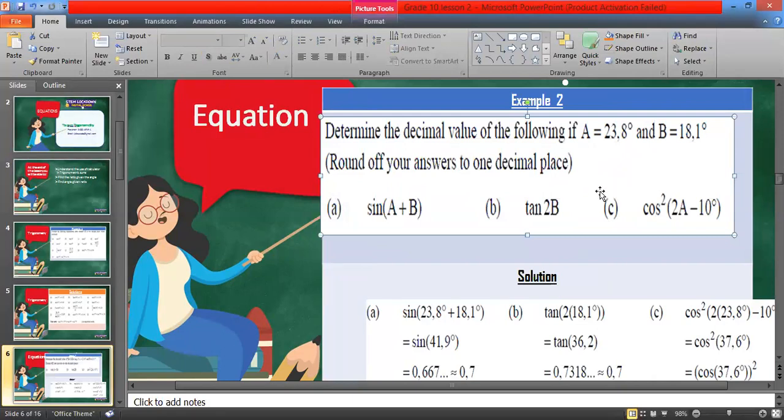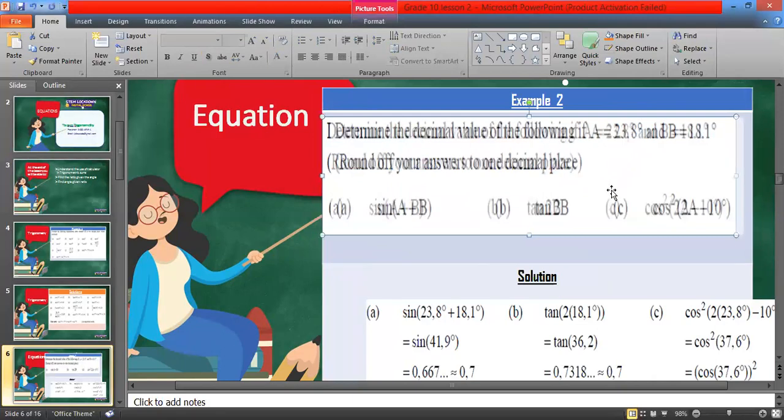Okay, so given cos squared of 2A minus 10, first of all, what does cos squared mean? This is read as cos squared 2A minus 10. That is how it is being read. So what does it mean? It implies cos of 2A minus 10 multiplied by cos of 2A minus 10. Right.